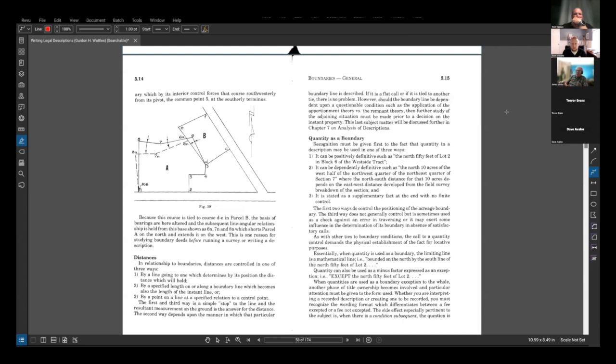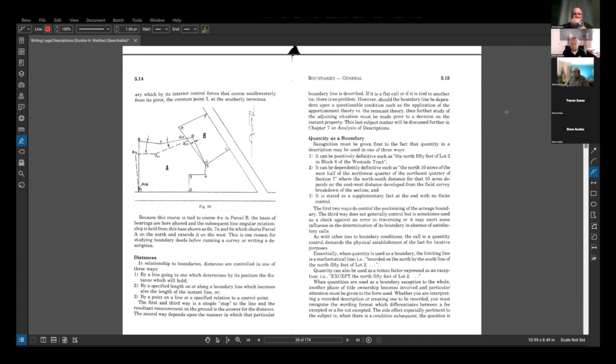Then he tells us that one part of this tract has to coincide with the boundary of an adjoining tract. Well, now those words are not descriptive in that they don't show direction or distance or whatever within the deed.